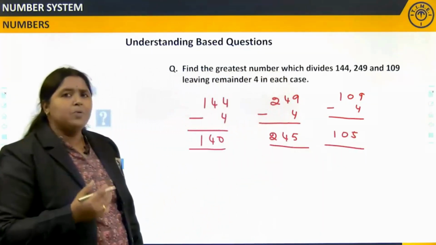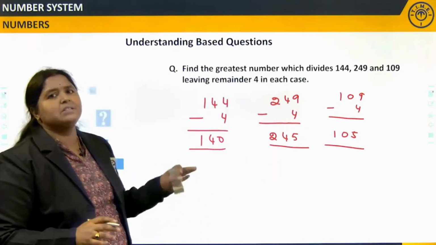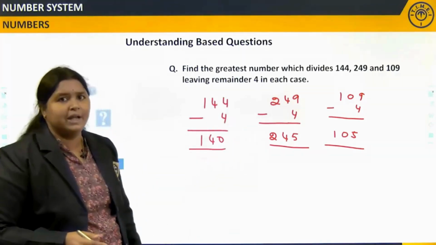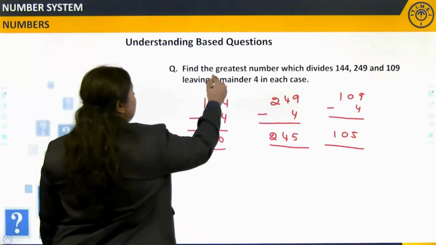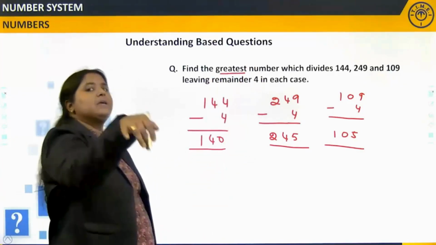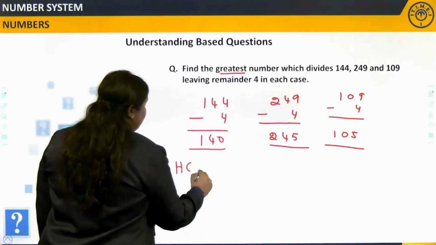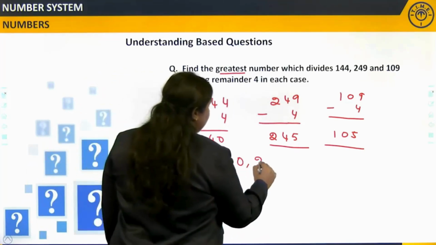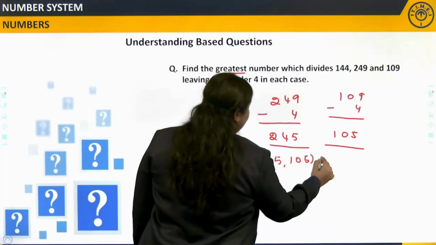Now, how do we find that greatest number? Very easy. We have to find the HCF, highest common factor of these three, because the same number is dividing all three, right? It should be common to all three. And since they are saying greatest number, we have to find the highest common factor. So now we are going to find the HCF of 140, 245 and 105.